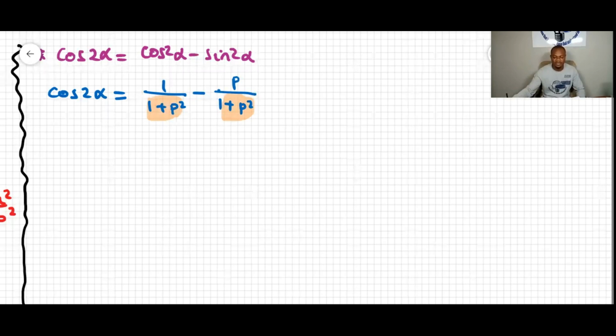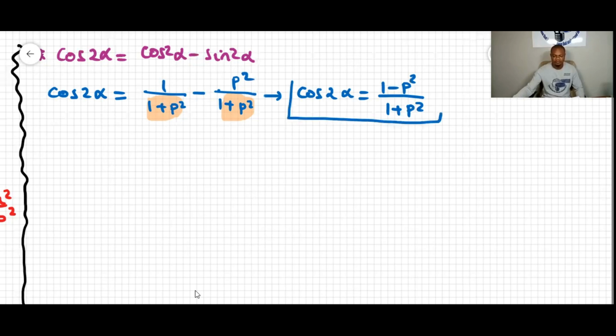This implies that cos 2 alpha will be 1 minus p squared over 1 plus p squared. So we prove it. Yeah, proven.